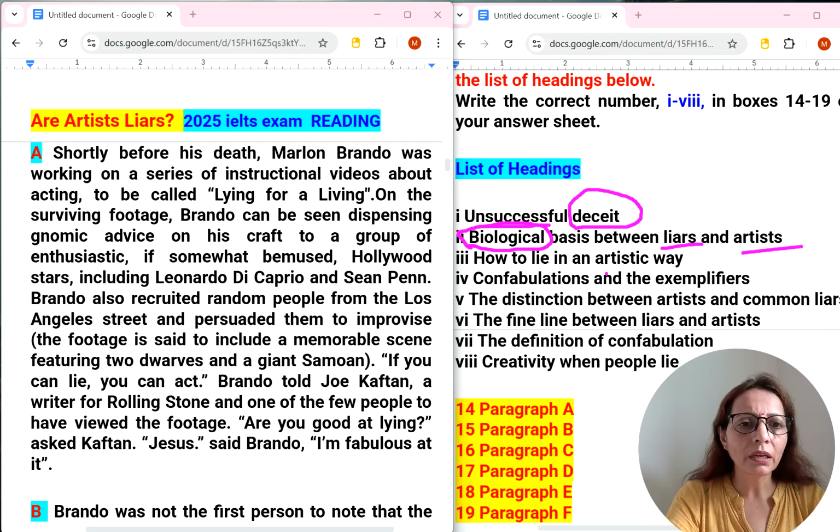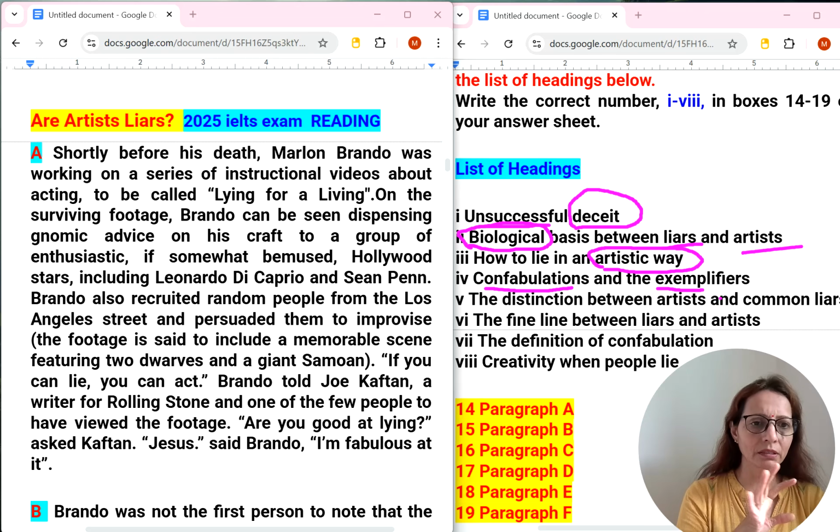How to lie in an artistic way. Confabulations and exemplifiers. Exemplifiers, I can understand the meaning of this, that means examples. Confabulations, I don't know the meaning of this. Okay. The fifth, the distinction between artist and common liar. In some paragraph they will be making some distinction between artists and common liars.